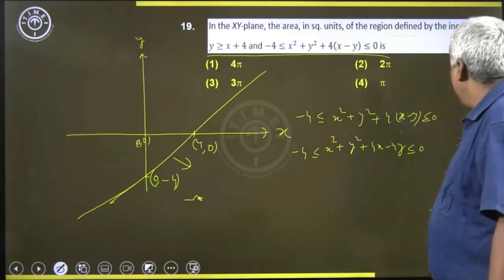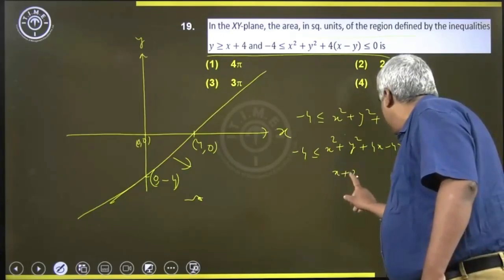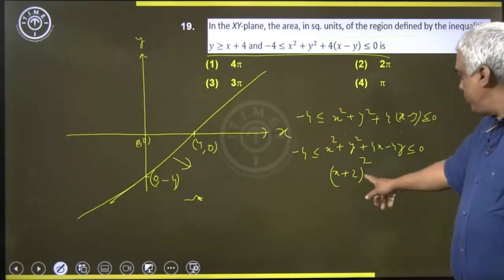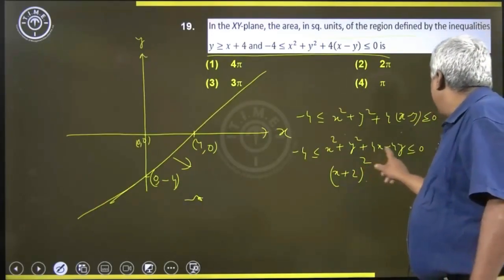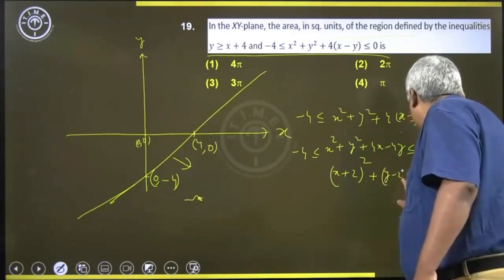What I will do is x square plus 4x, I will write it as x plus 2 the whole square, okay. I have taken extra 4 here, and y square minus 4y, I can write y minus 2 the whole square.